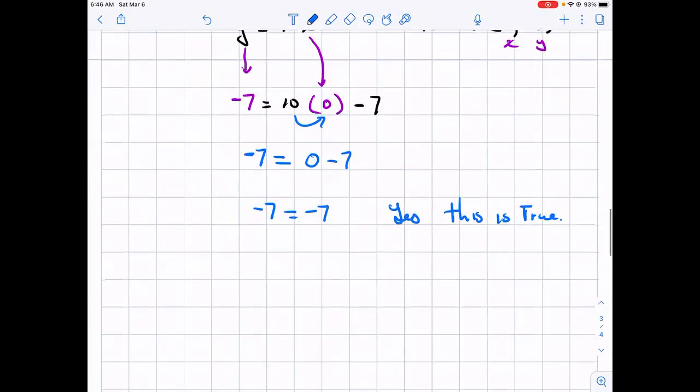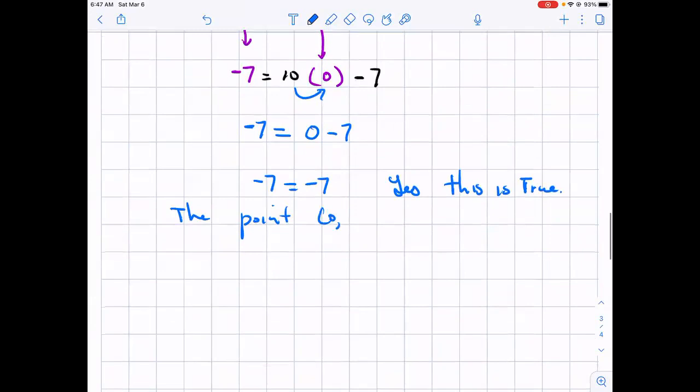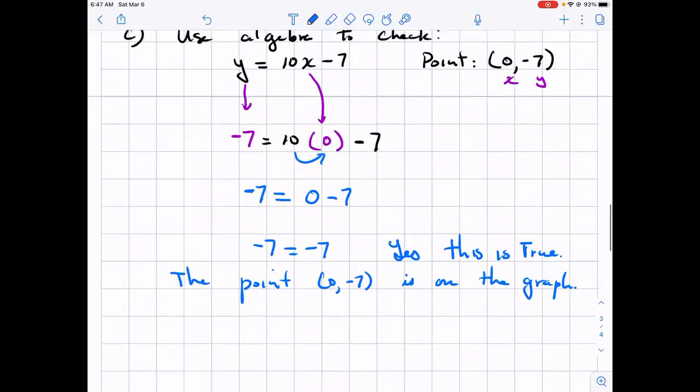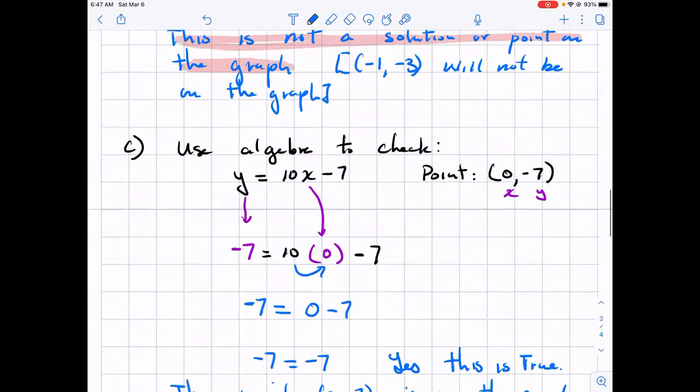Okay, so we can say that the point (0, -7) is on the graph. This point is on the graph.